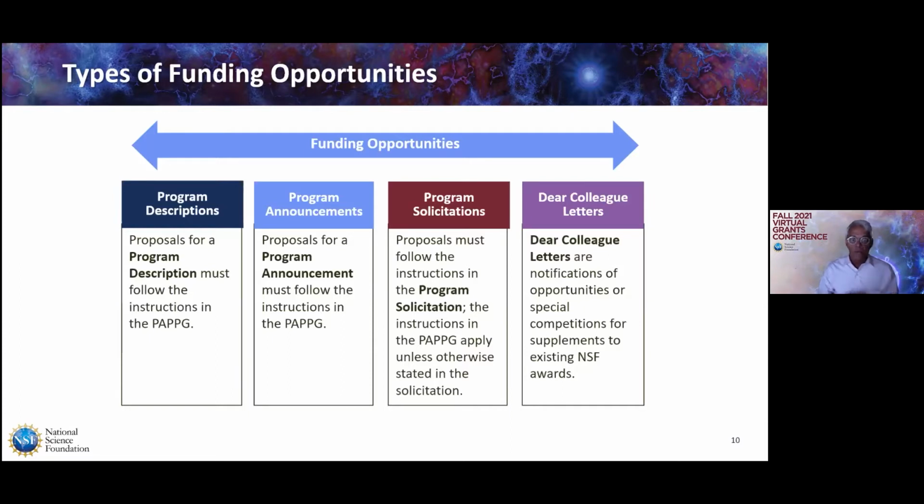Program descriptions and program announcements tend to be broader and not quite as specific with respect to the research topics that we're looking for, and all guidelines with respect to policies and procedures revert back to the PAPG.